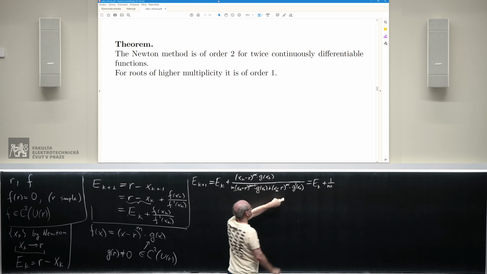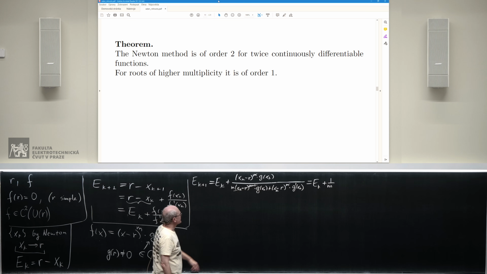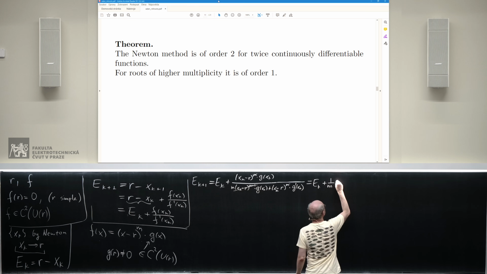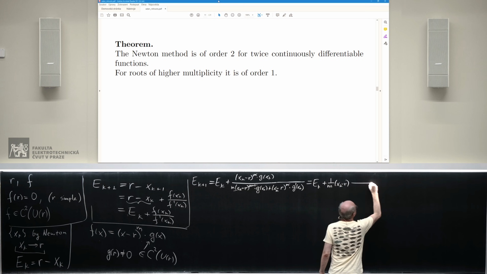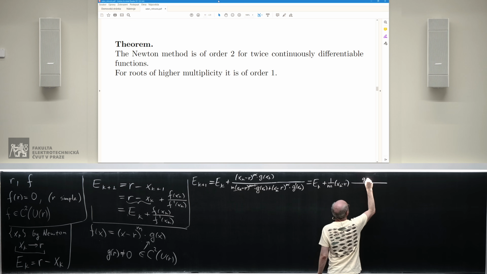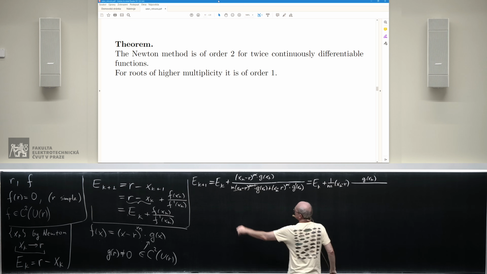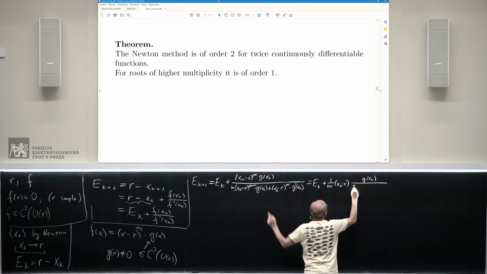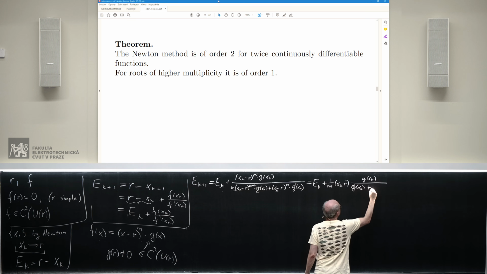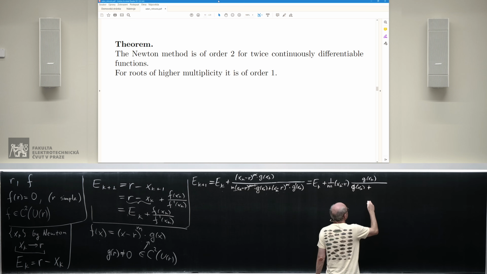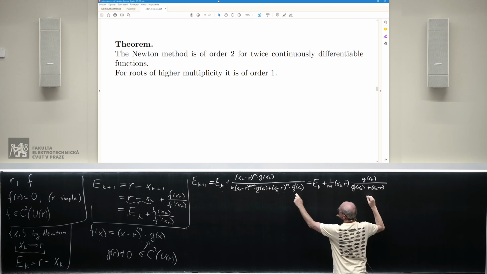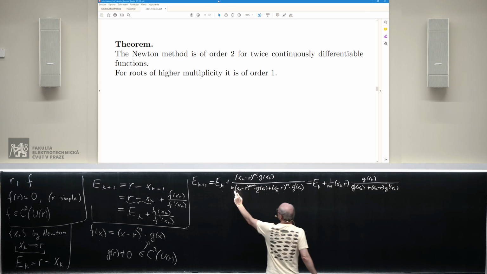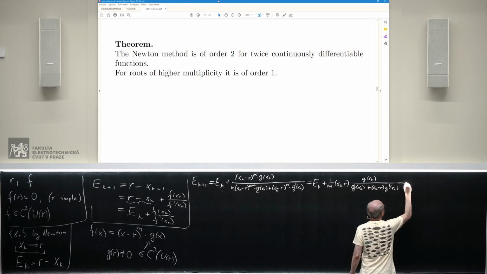Then I take this x_k minus r from the top and pull it out also. And I get a fraction with g(x_k) on the top. In the denominator, m I pulled out. So it's just g(x_k) plus (x_k minus r), there is one left, and there is the derivative, g prime (x_k). But I shouldn't forget, I also pulled out m from the denominator. So there is 1 over m over here.